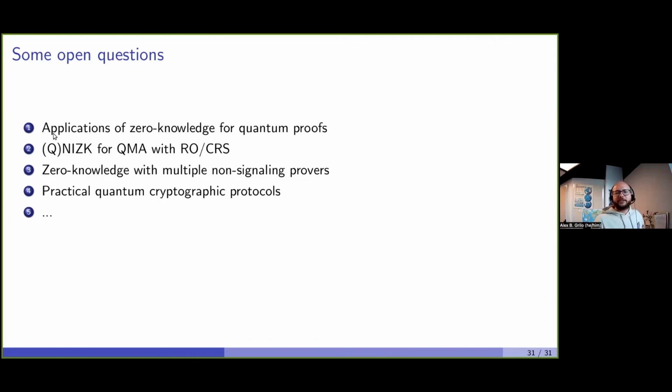There are other technical questions. For example, can you have what we call a NISIC, a non-interactive zero-knowledge proof for QMA? In standard scenarios we do have NISICs, but in non-standard scenarios it's still an open question if you can have it with a random oracle or a CRS.